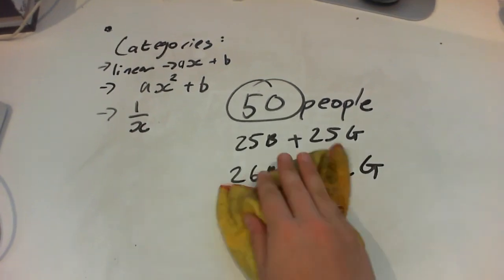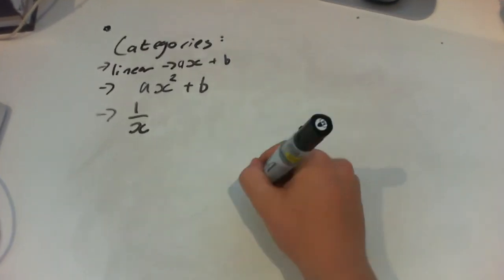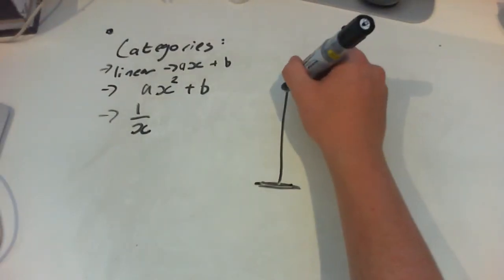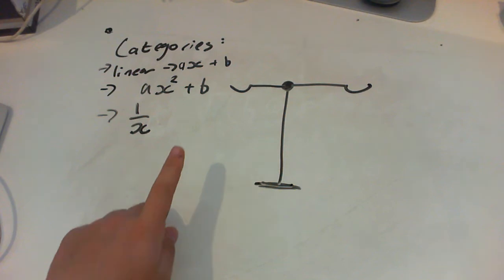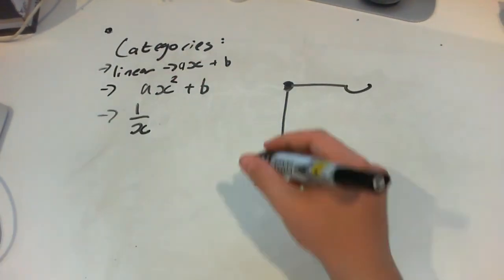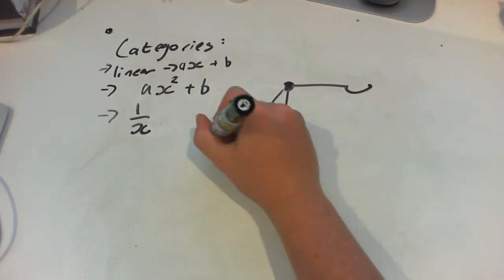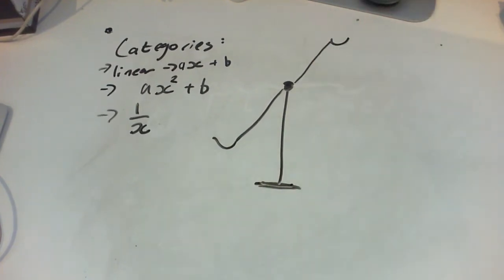So if we take it now to a better example, we can look at a scale. There's a scale. Right now the scale is even. Though, as we push one side downwards, and then gets pushed down to here, the other side needs to get pushed up to there to balance it out.